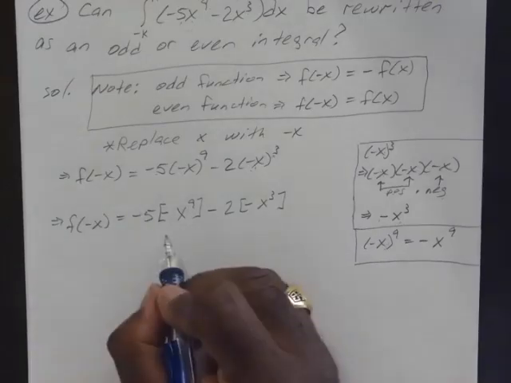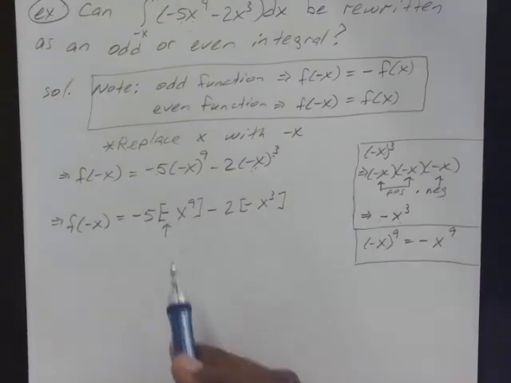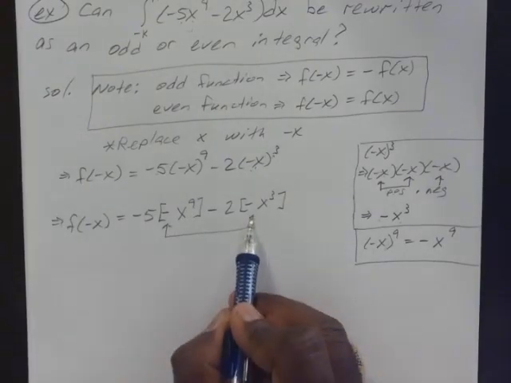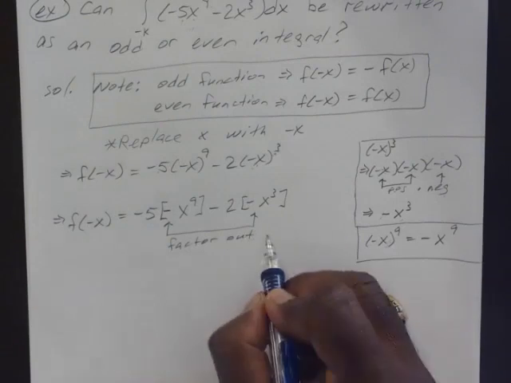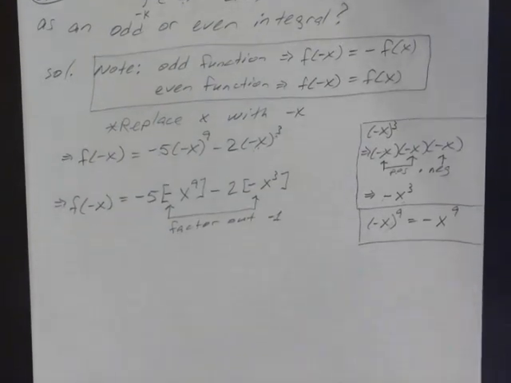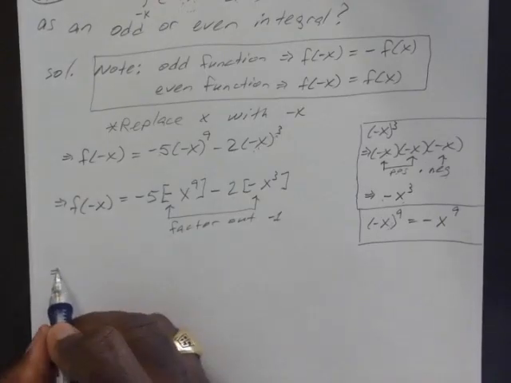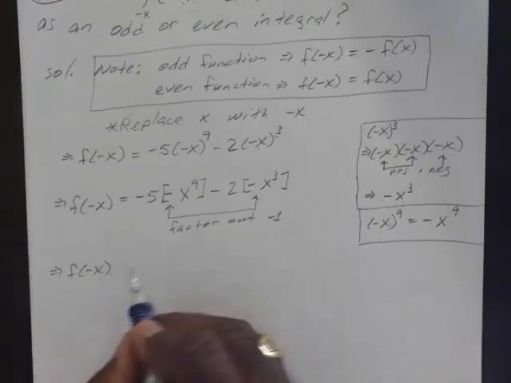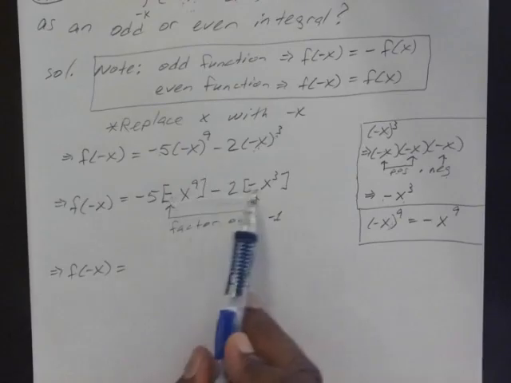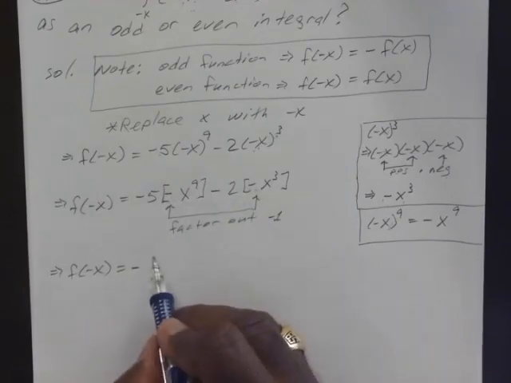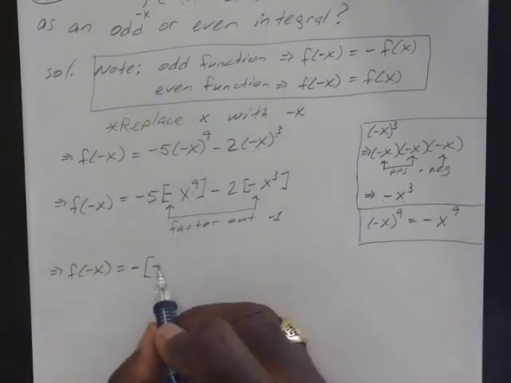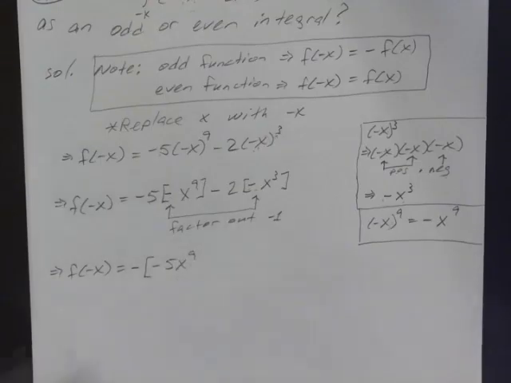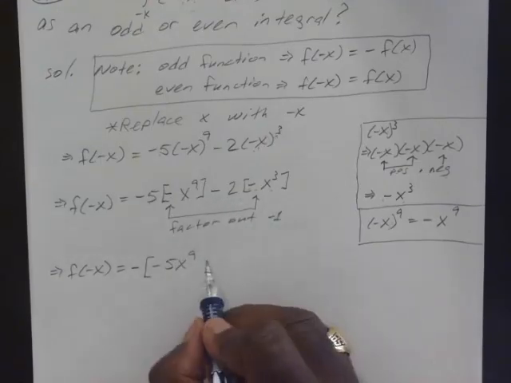Okay, now for these two terms, you're going to actually factor out one of those negative ones. So that gives you f of negative x is equal to, if we factor out those two negatives, that's just negative 1, or you can just leave it as a negative. So you have negative 5 times x to the 9th power minus 2 times x to the 3rd power.